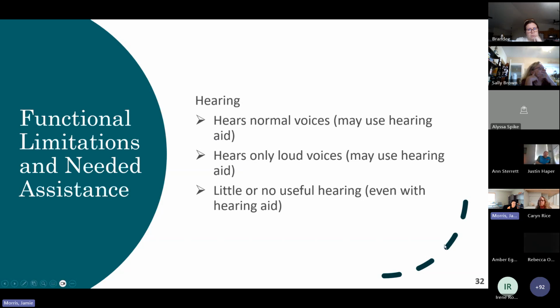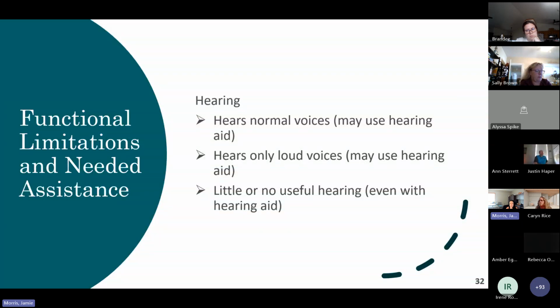For number 3, which is hearing, we're choosing 1. These are our 3 options to use: hears normal voices, hears only loud voices, little or no useful hearing. Now, we are going to again mark the functioning of Michelle with the use of the aid, and we're talking about how it most accurately describes her hearing.